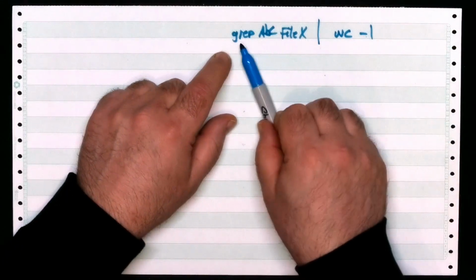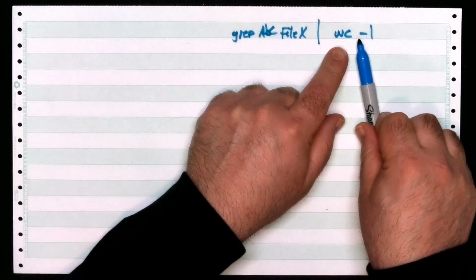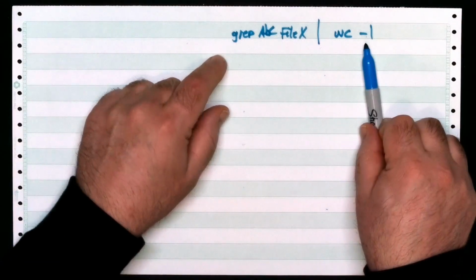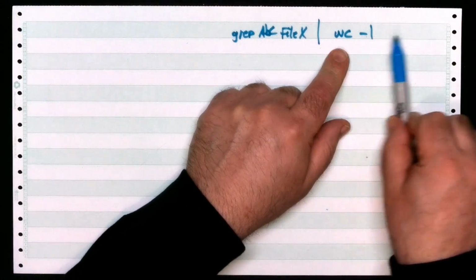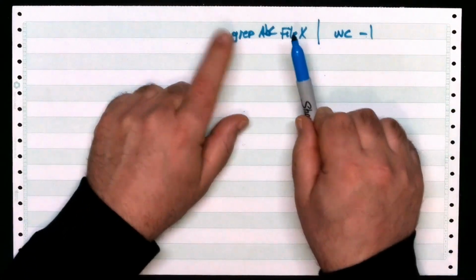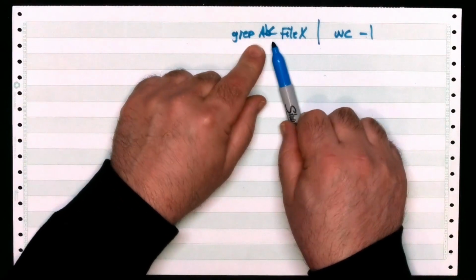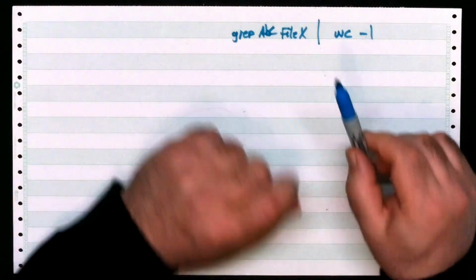So it takes the output of this command and sends it to the input of this command over here. So if I type this in, this word count program would print out how many lines were printed by the grep command, which would be how many lines in file X have ABC. That would answer my question.